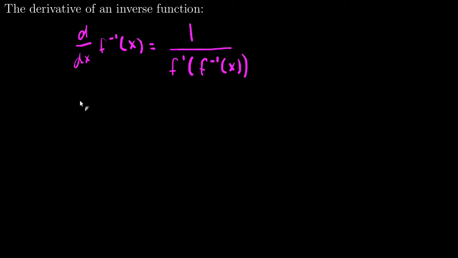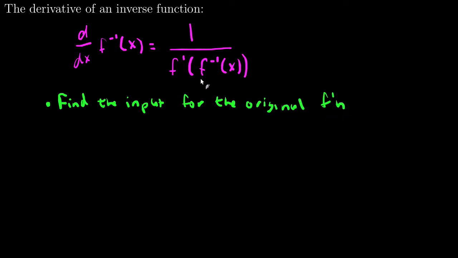So let me start off with giving sort of the steps that I like to go through. The first thing that I always look at is I try to find the input for the original function. So that's this part right here. The output of the inverse is the input for the original function, and I usually try to think of it in this context. It makes it easier for me to find what I'm looking for.